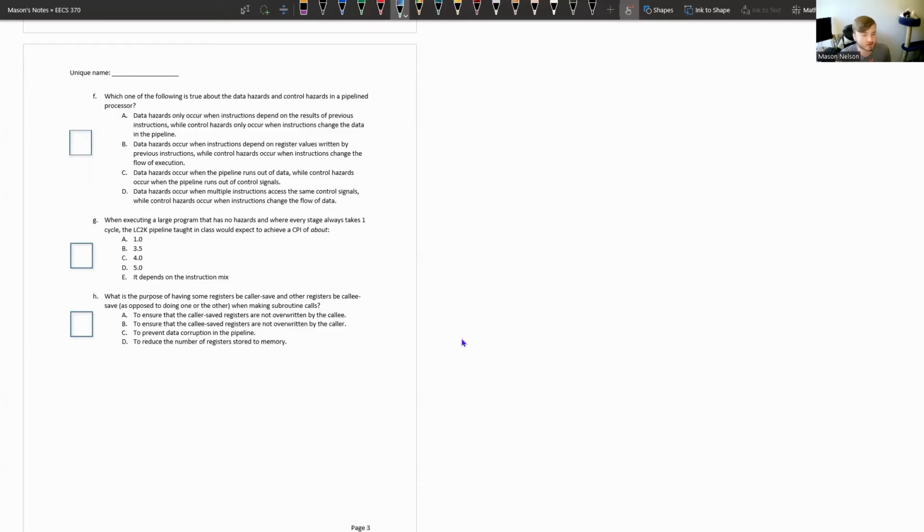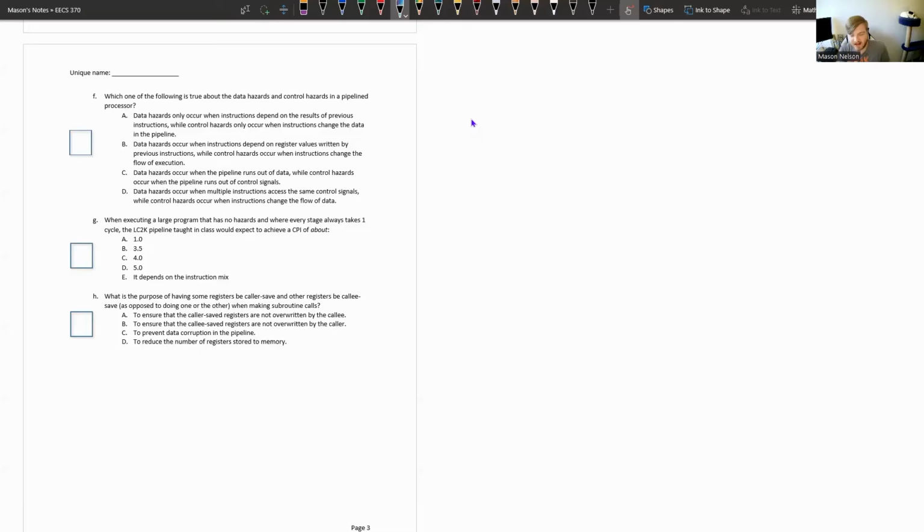C, data hazards occur when the pipeline runs out of data, while control hazards occur when the pipeline runs out of control signals. Or D, data hazards occur when multiple instructions access the same control signals, while control hazards occur when instructions change the flow of data. Our correct answer, I guess, is two-part. We have to define our data hazards and our control hazards.